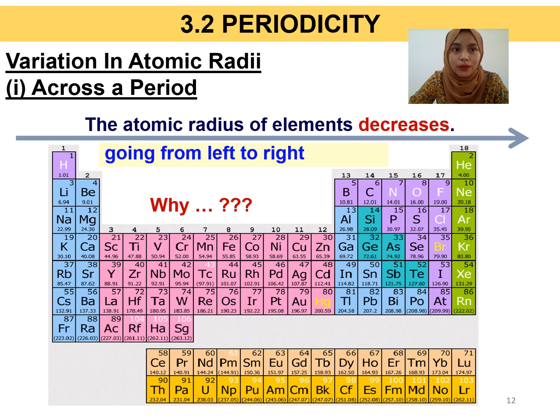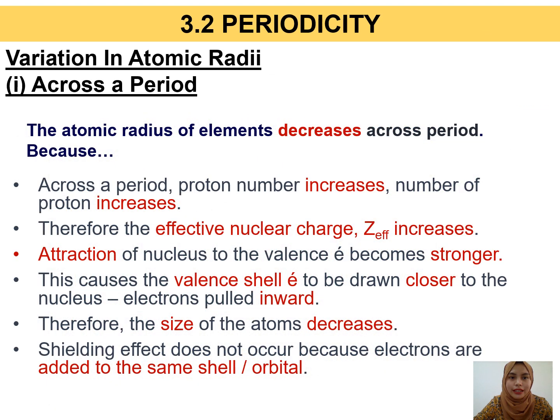Why is that so? Kenapa trend across a period the size of the atom akan mengecil? Sebab across the period, the proton number will increase. So, bila proton number increase, number of proton pun increase lah kan? So, bila proton number increase, actually the effective nuclear charge will increase.